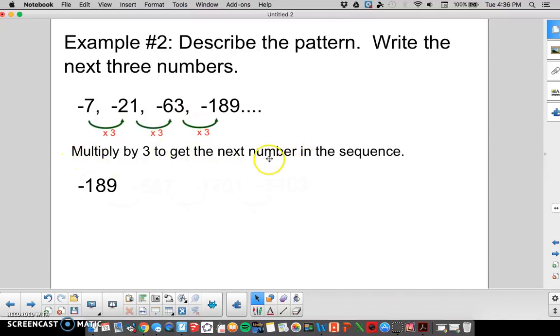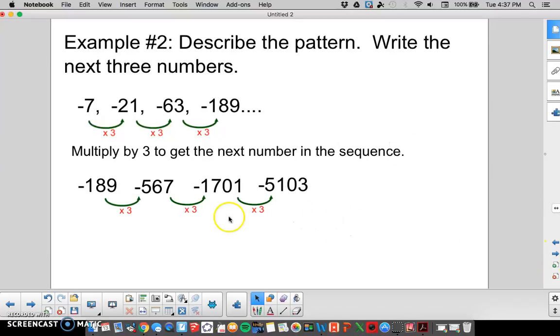So I'm multiplying by 3 to get the next number in the sequence. So from -189, I'm going to multiply by 3 and get -567. Multiply by 3 again, and I get -1,701. The third term that we wanted was multiply times 3 again, and we get -5,103. So we're just using that pattern to then form that conjecture and form the rest of those terms in that sequence, assuming that that pattern continues.